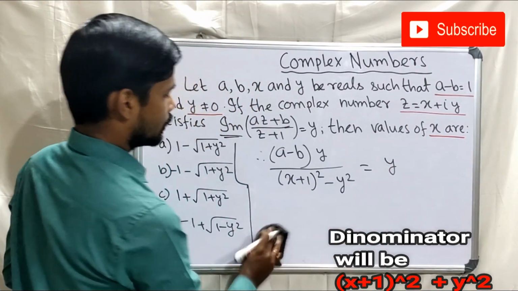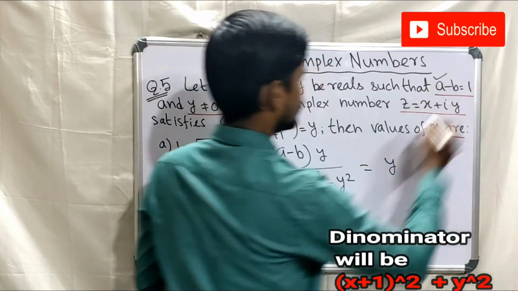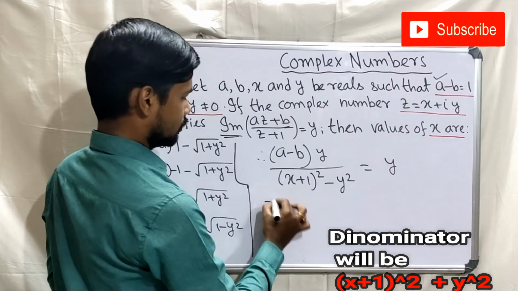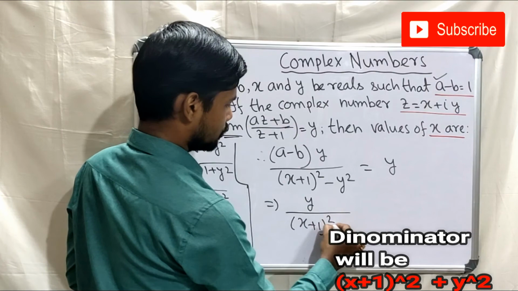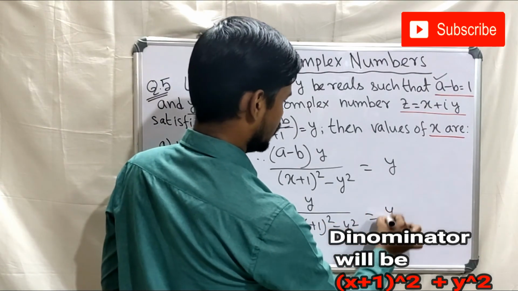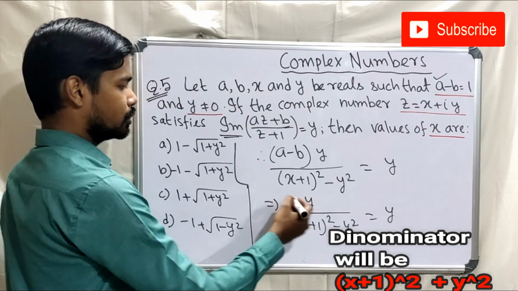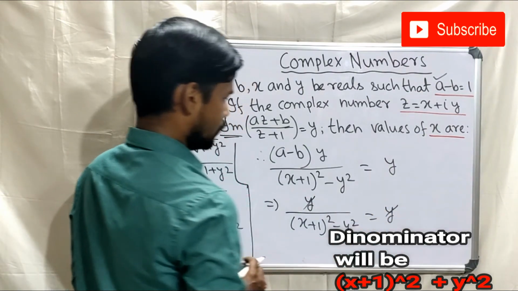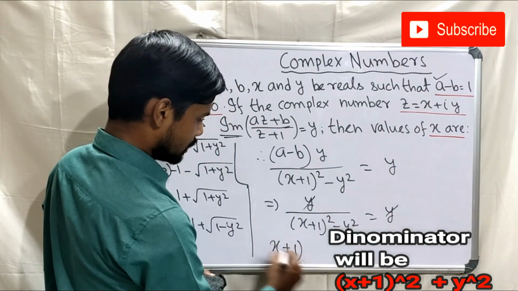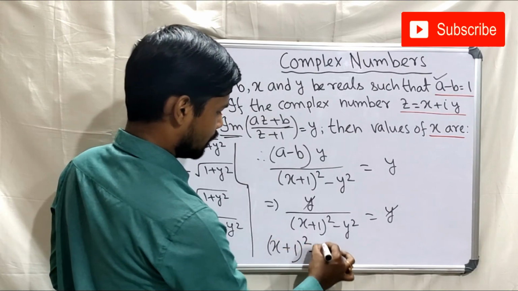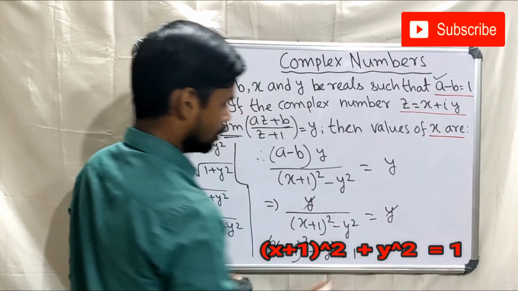And look, a minus b is given equal to 1. So we have y by (x plus 1) whole square minus y square equals y. Cancelling out y from both sides, we have the required relation: (x plus 1) whole square minus y square equals 1.